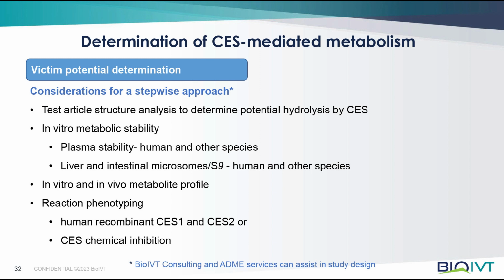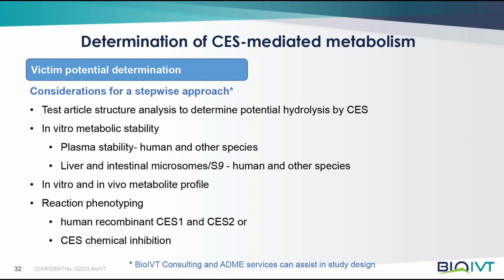And then look in liver versus human intestinal microsomes, so you can tell if there's a difference between carboxylesterase 1 and 2. And then also looking across species, because as I mentioned, the species differences with carboxylesterases can be quite significant. Next thing would be to look at the in vitro versus in vivo profile. If there's differences there, that might tell you, again, across tox species, that you have a species difference.